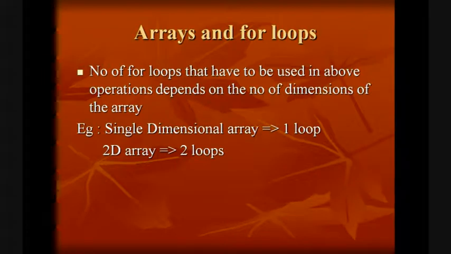The number of for loops that have to be used in the above operations depends on the number of dimensions of the array. That means if we use a one-dimensional array we only have to use a single for loop, but if we use a two-dimensional array, we have to use 2 for loops. Similarly, if an array has n dimensions we have to use n number of for loops.